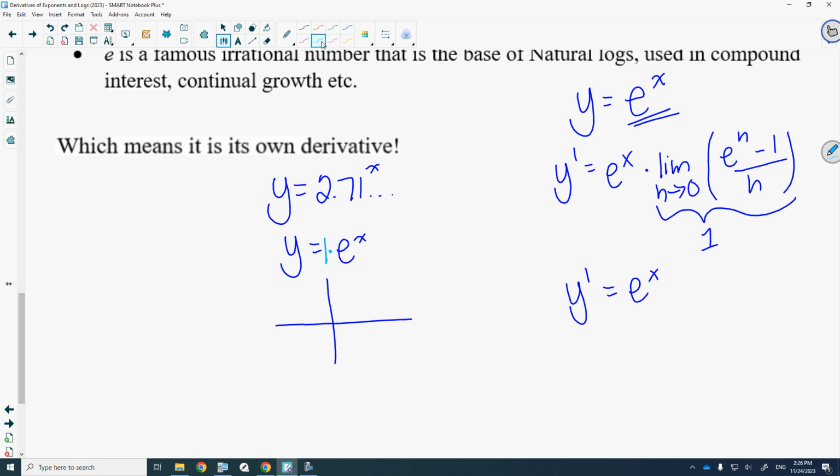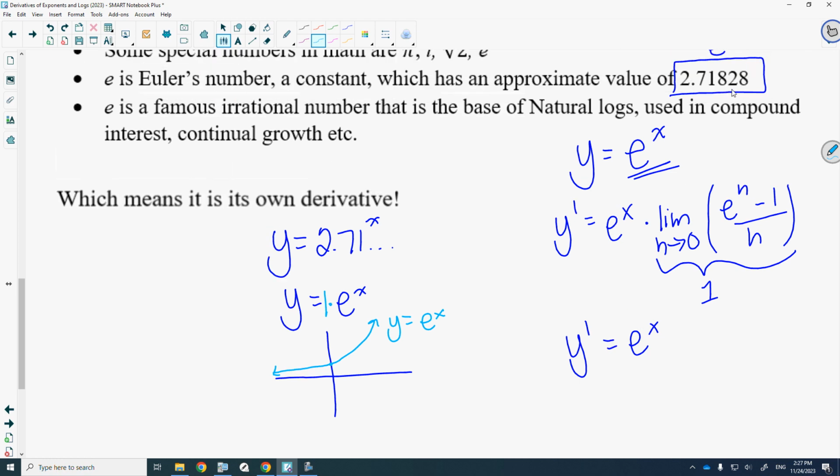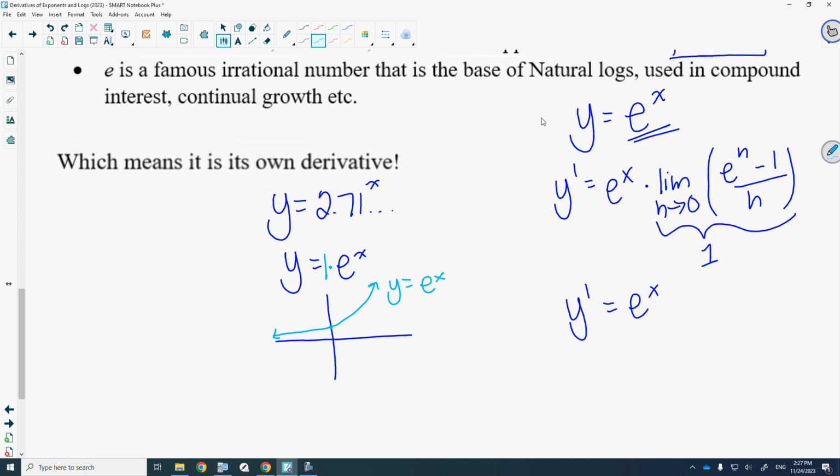The a value is 1, which tells you the y-intercept is 1. This would be the graph of y is equal to e to the x. It's just that the base is 2.71, irrational though, so it would keep going on and on.